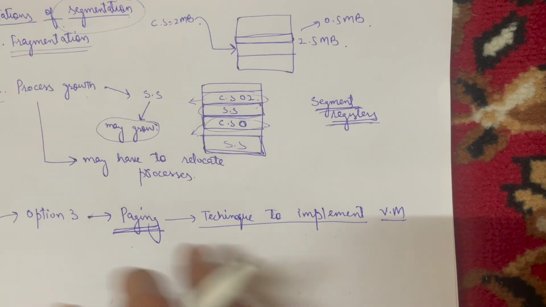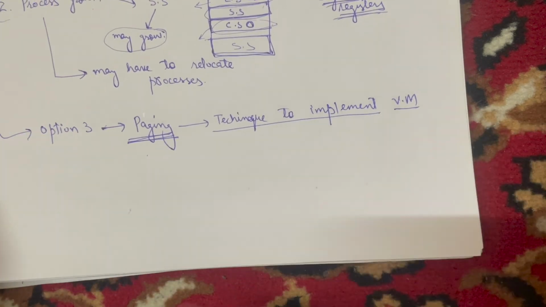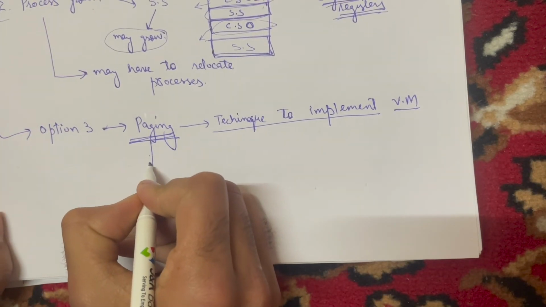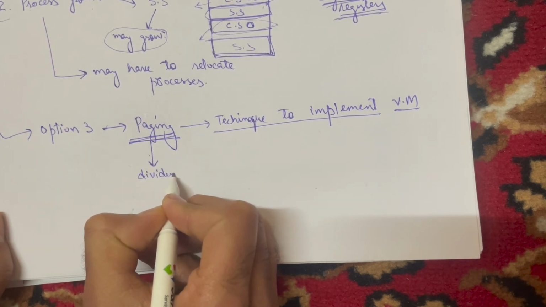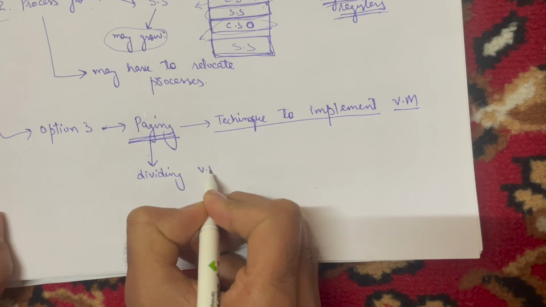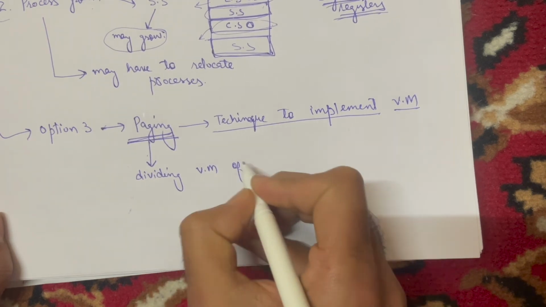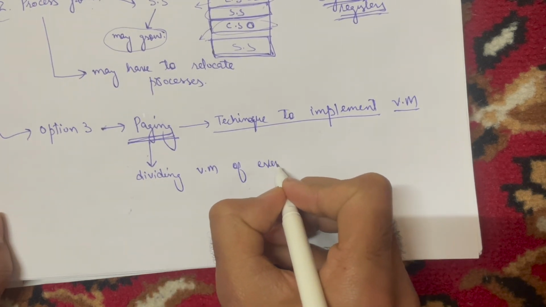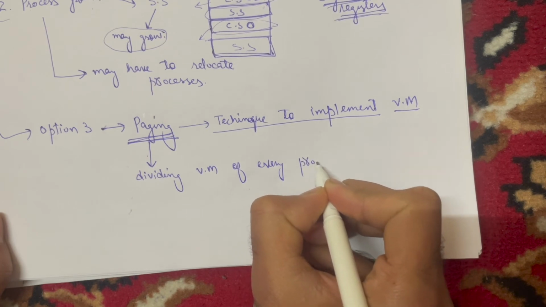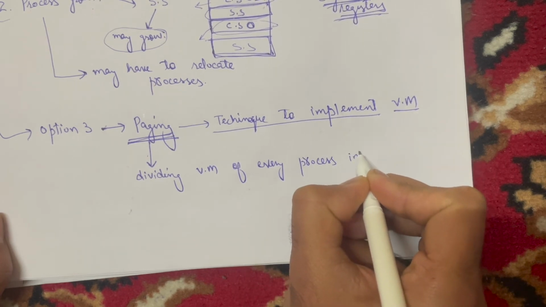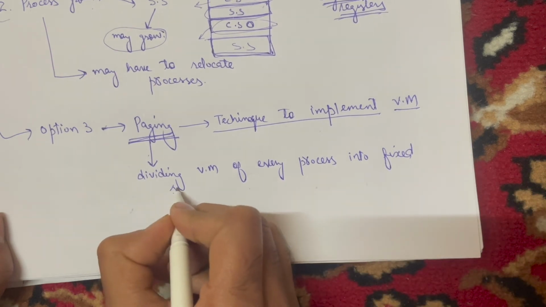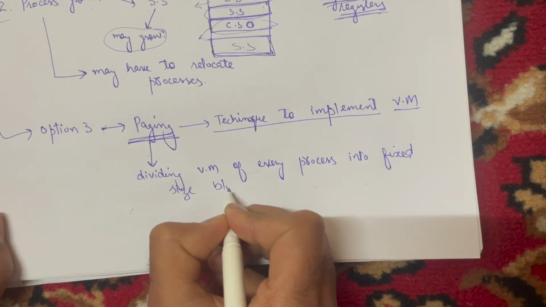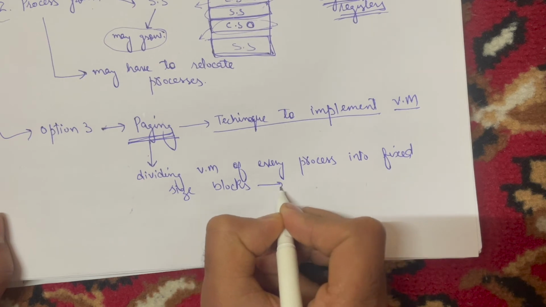In paging, we are dividing the virtual memory of every process into fixed size blocks, and these blocks are called pages.